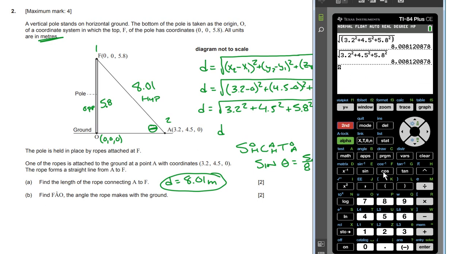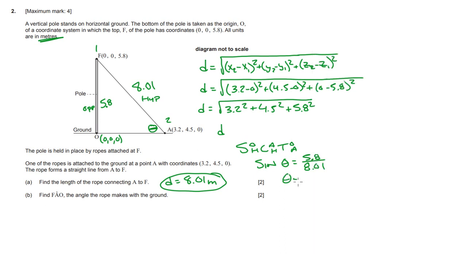We'll do second sine, because it's always the inverse sine whenever we're looking for an angle, right? So second sine of 5.8 divided by, and I'll do second answer, and we get 46.4 rounded to three significant figures. So theta equals 46.4 degrees.